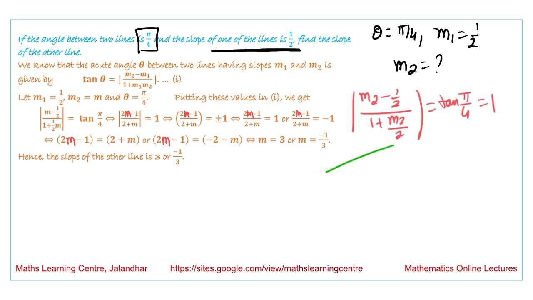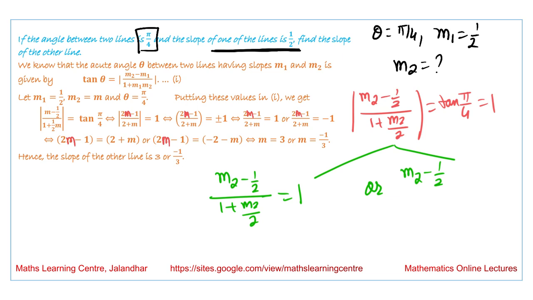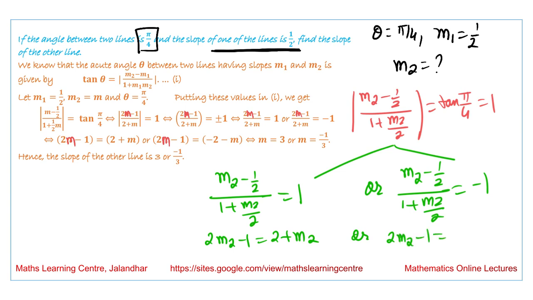Now we have two cases. One is (m2 minus 1 by 2) over (1 plus m2 by 2) equal to 1, or (m2 minus 1 by 2) divided by (1 plus m2 by 2) equal to minus 1. If we solve both, we obtain that 2m2 minus 1 is equal to 2 plus m2, or 2m2 minus 1 is equal to minus 2 minus m2.